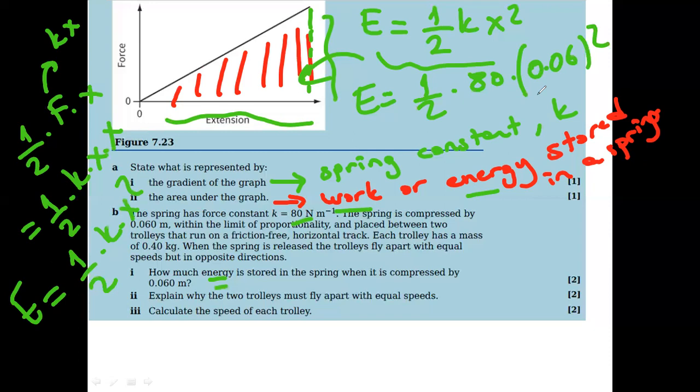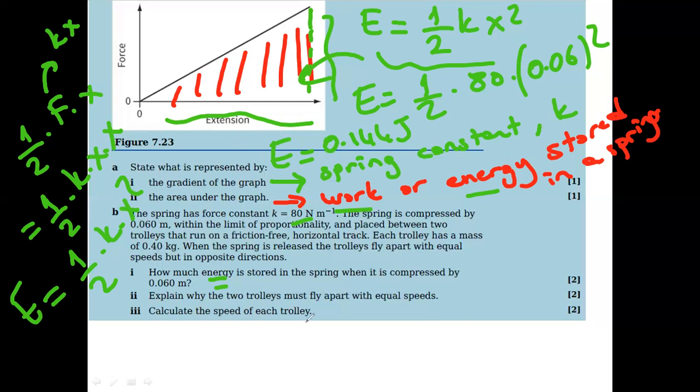So if we calculate 0.06 times 0.06, that is equal to 0.0036, times 80 divided by 2, which is equal to 0.144. The energy stored in the spring will be 0.144 joule. So we have calculated the energy.